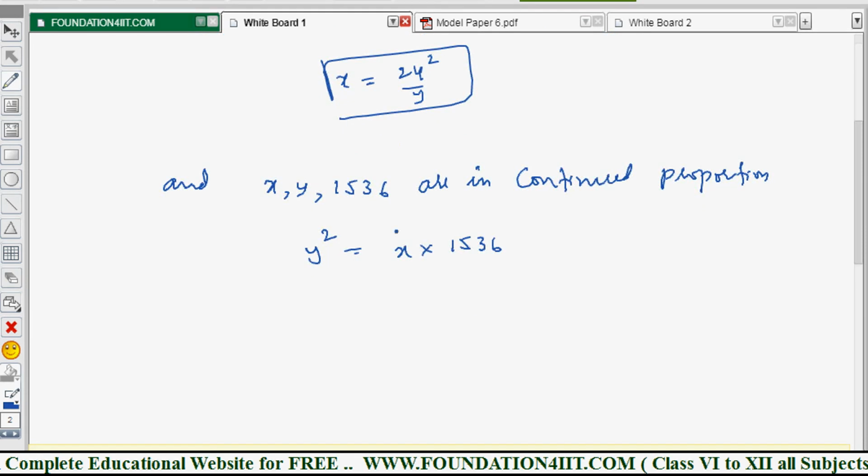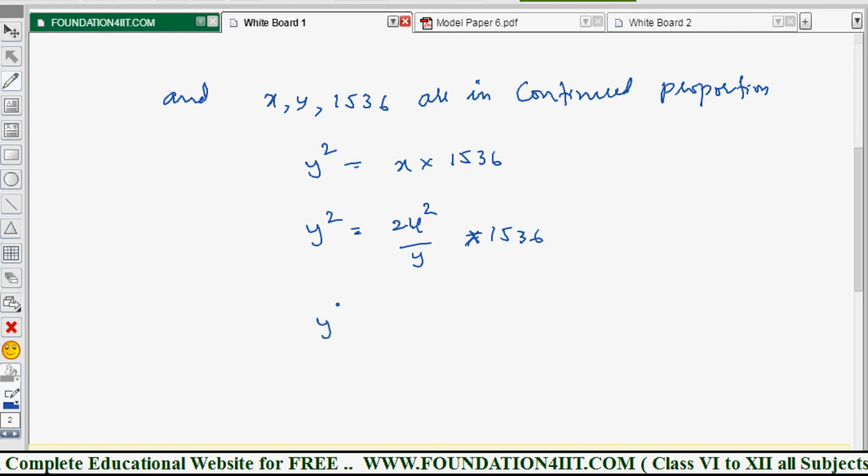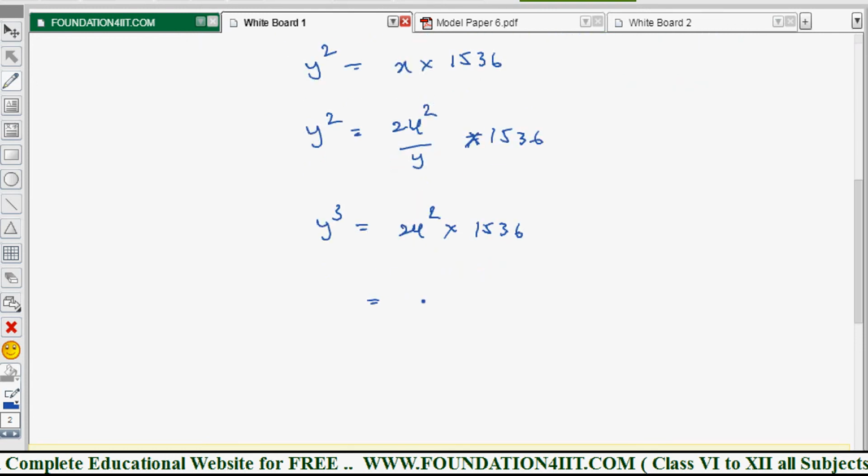Now let us substitute the x value in this place. Then y square is equals to 24 square by y into 1536. Take y to the other side, then y cube, y power 3 is equals to 24 square into 1536. By splitting these terms, we need to convert this into a cube.